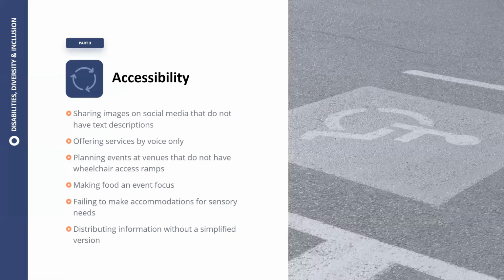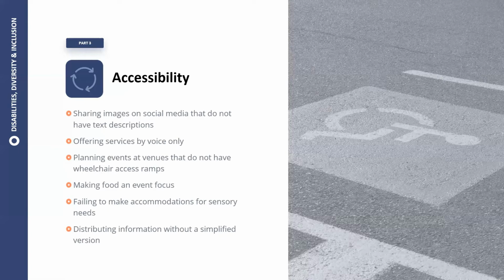Planning events at venues that don't have wheelchair access ramps limits access for people with physical disabilities. Making food an event focus can limit access for people with food allergies, disabilities that impact feeding, or food-related mental illness.